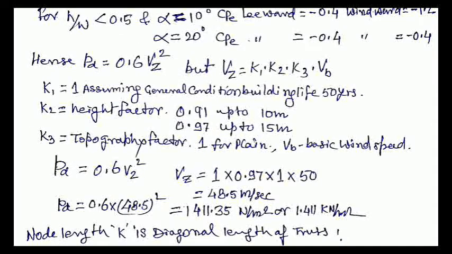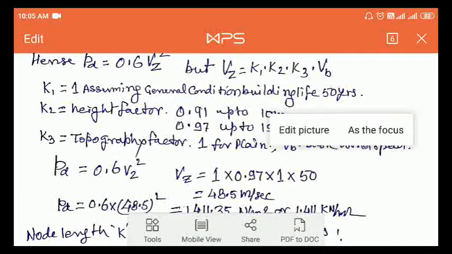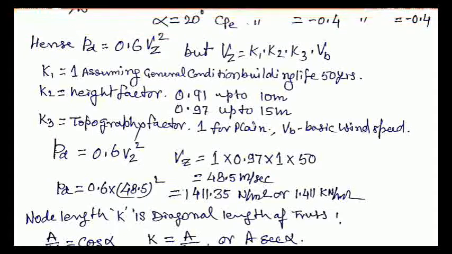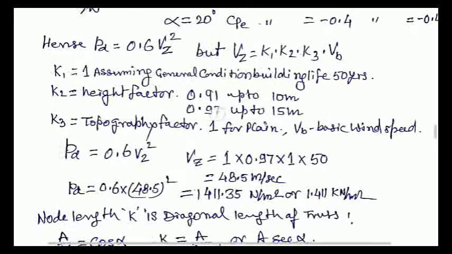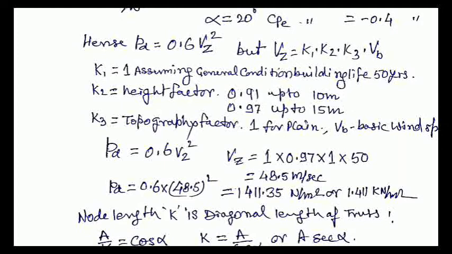But we know Vz is equal to K1, K2, K3 into Vb. Vb is the basic wind speed, which is given in our problem to be 50 meters per second. K1 is the coefficient assuming general conditions of building life equal to 50 years, and K2 is the height factor of the building, which is taken as 0.91 up to 10 meter height of the building, and 0.97 up to 15 meters.